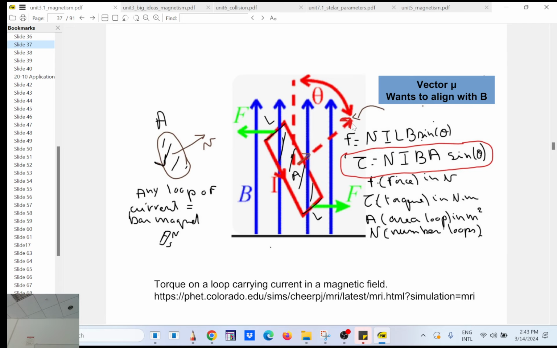Again, a loop of current behaves like a bar magnet, and it wants to align with the magnetic field. So if you have a magnetic field from the left to the right, that could be a compass, a bar magnet, or a loop, it will twist to be in this direction, and it will show which way the magnetic field is flowing. Is that clear?